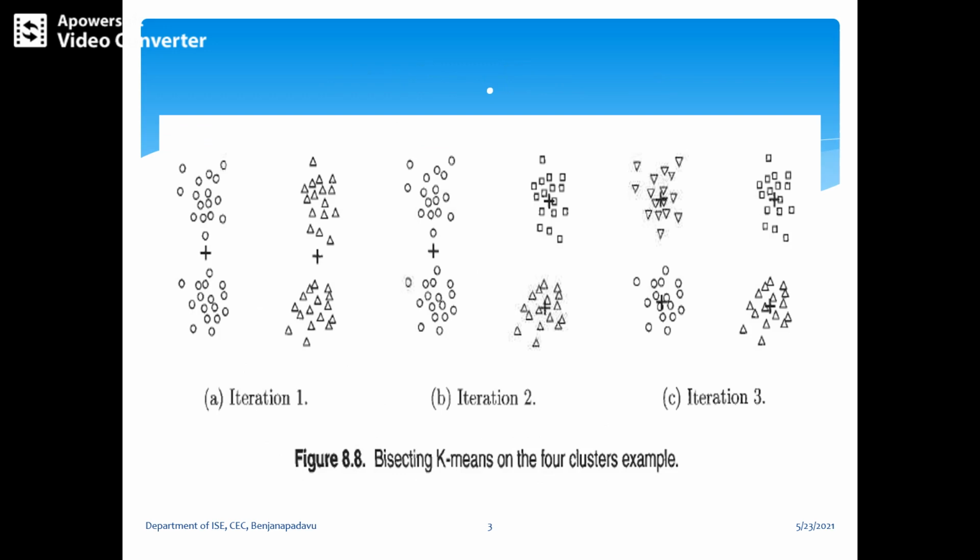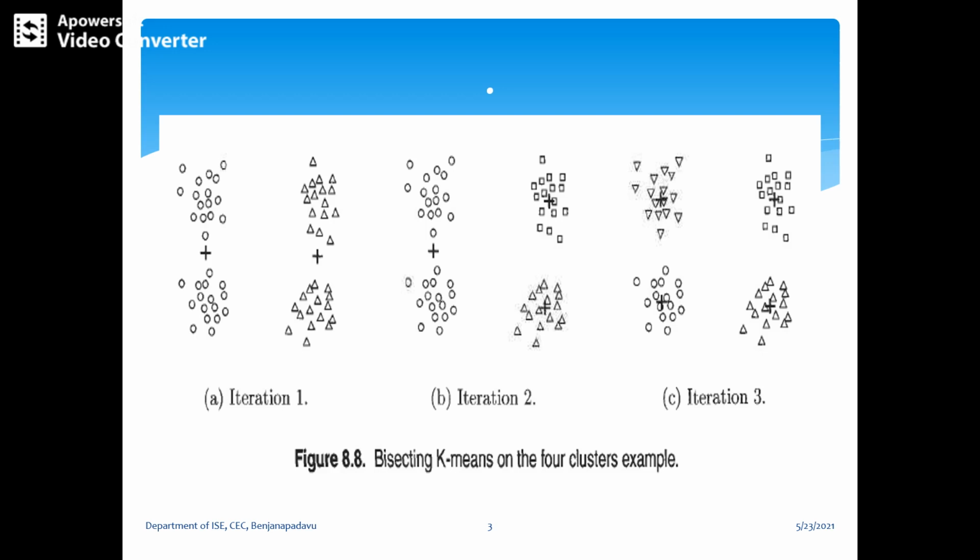In the first figure, in iteration 1, two pairs of clusters are found. In iteration 2, the rightmost of the clusters is split.